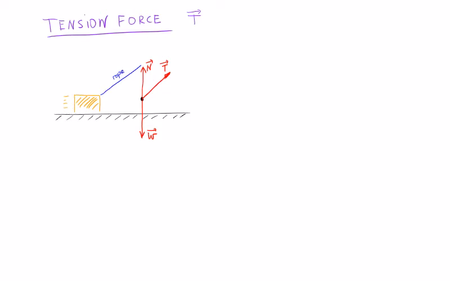Because the box is moving to the right, the friction will be on the surface. So this would be the friction, and the normal force will be pushing the box up, and the earth is pulling the box downwards. That's the weight, and then the rope is pulling it towards itself. As you can see, this is a very complicated picture I drew.